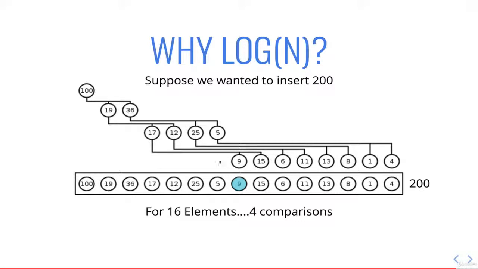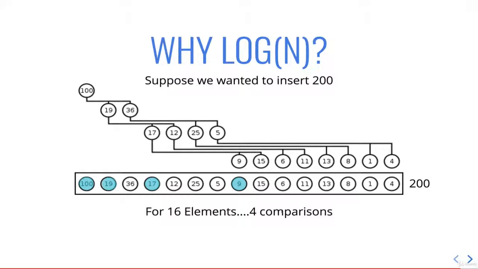So 200 is going to be a child of this 9 element. We compare it, that's 1 comparison. We compare it to its parent, 2 comparisons. Again, 3 comparisons, and then the 4th comparison. And at this point, we realize 200 is the largest element. If this is a max binary heap, it needs to be the root. So that's 4 comparisons. So for 16 elements, we're talking about 4 comparisons.